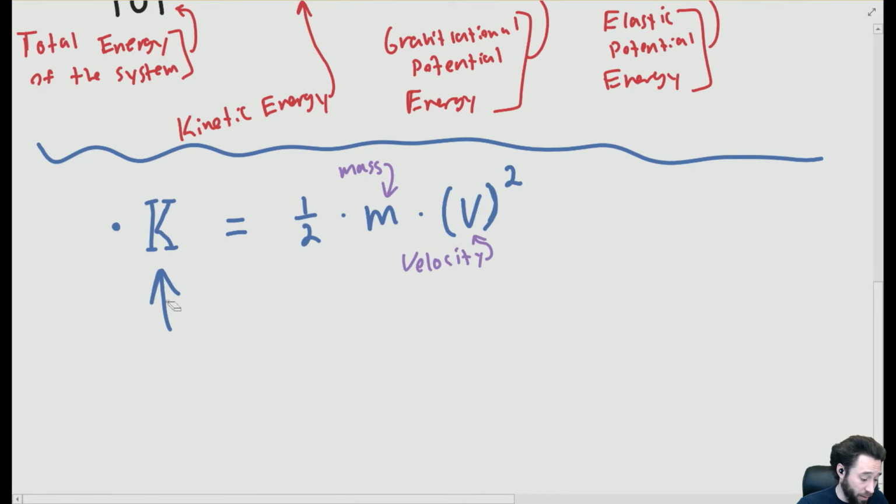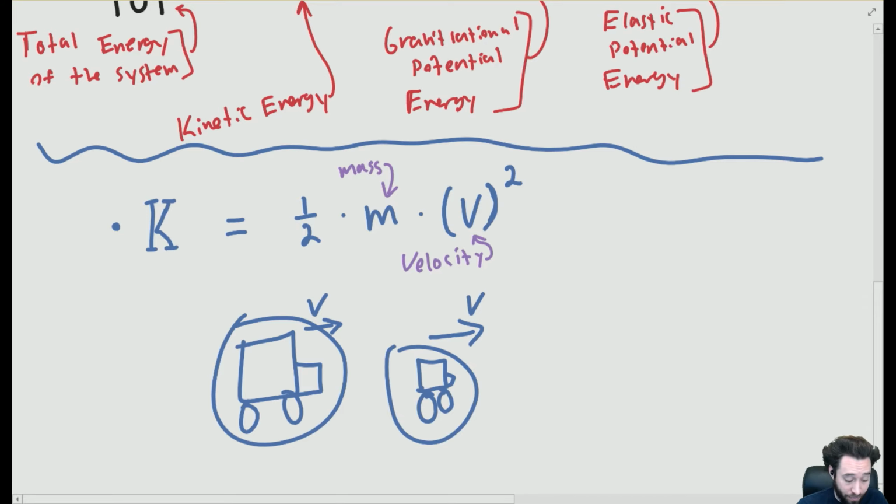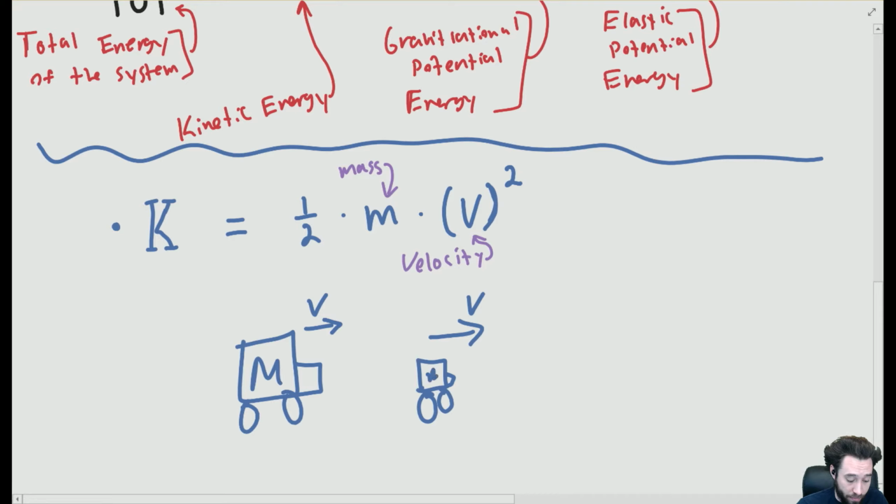So if you think about it, if I had, say, a dump truck and a smart car, and they both had the same velocity, v, which one has more kinetic energy? Would it be the dump truck or the smart car? It would be the dump truck because it has more mass, right? More mass, more kinetic energy.